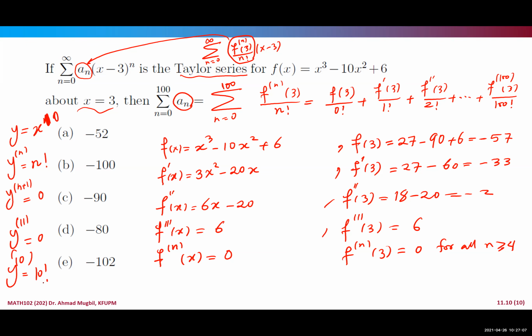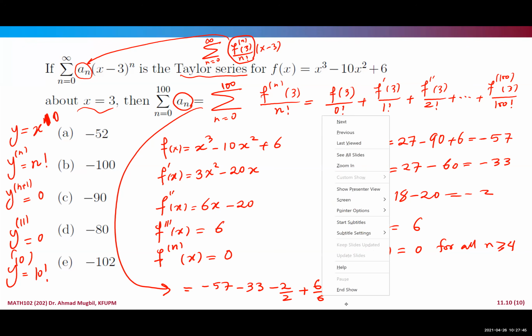So now what we are going to do is just substitute there. This will be equal to f at 3, which is negative 57 over 0 factorial. 0 factorial is 1. Plus the derivative at 3, which is negative 33 over 1 factorial, which is 1, plus the second derivative at 3, which is negative 2 over 2, plus 6, the third derivative, over 3 factorial, which is 6.